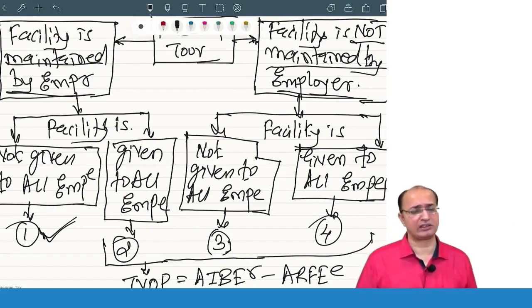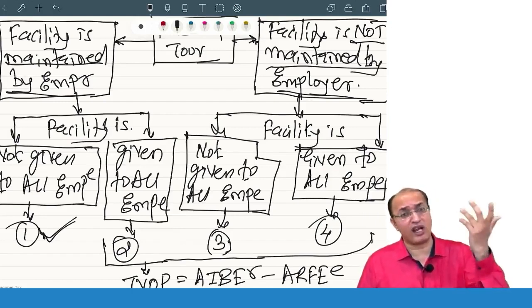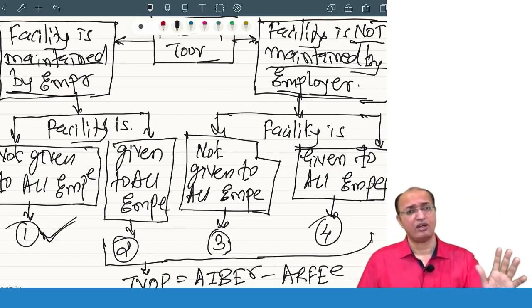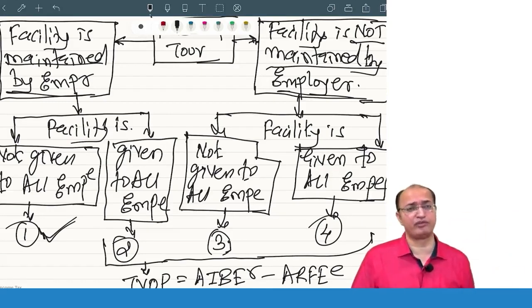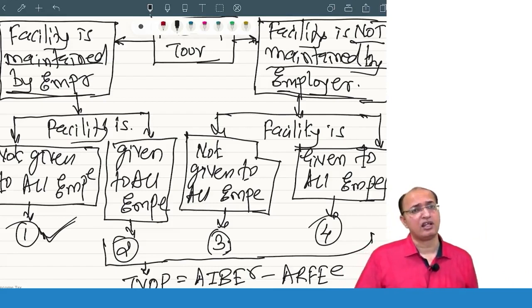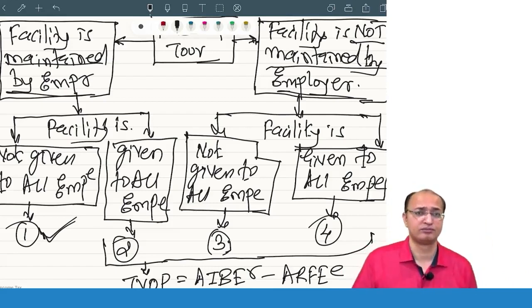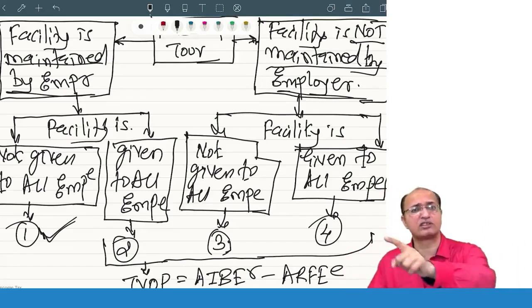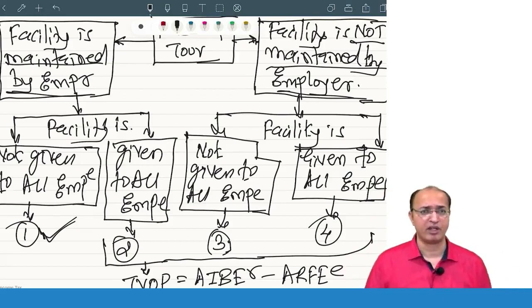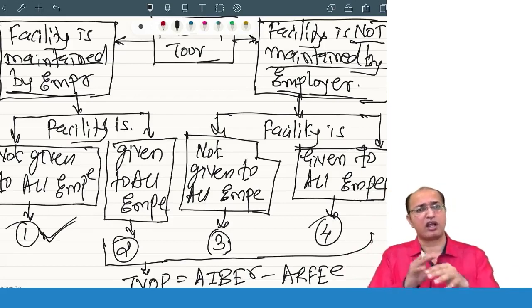Therefore, the government says whatever cost the employer has incurred will not be taken into account for the purpose of valuation of perquisite, because we are confident that he may manipulate the numbers. So the government says we will take up the cost which other persons are charging to the general public. In Ooty there are different hotels.